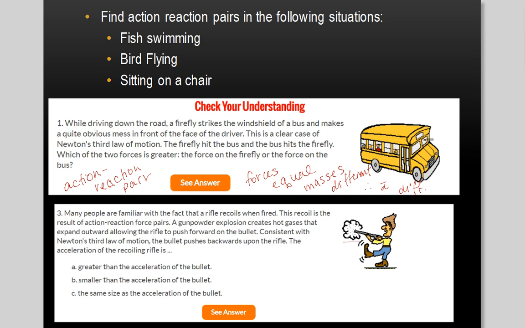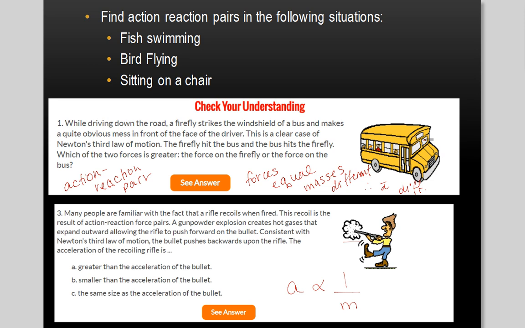The acceleration is directly proportional to the force. But more importantly, the acceleration is inversely proportional to the mass.